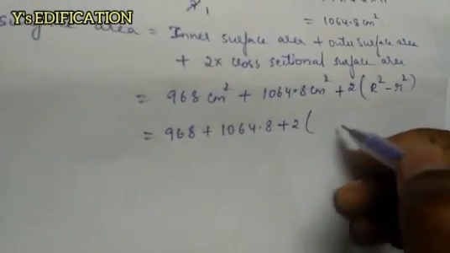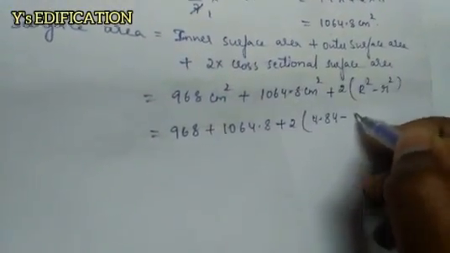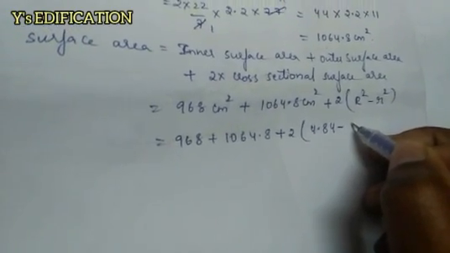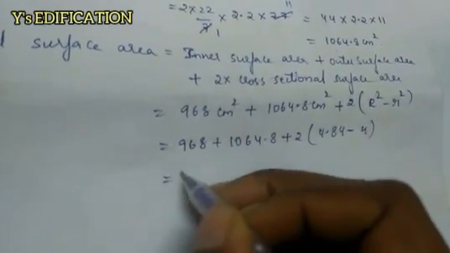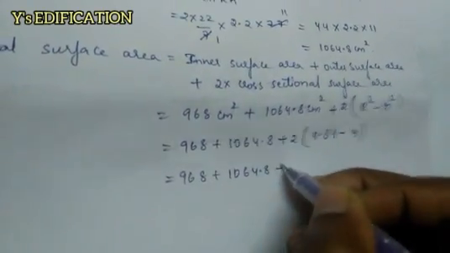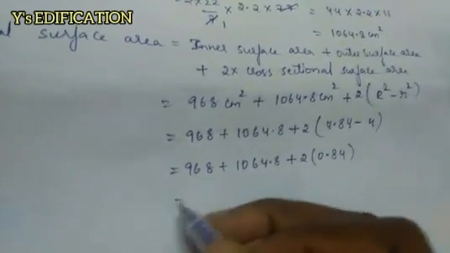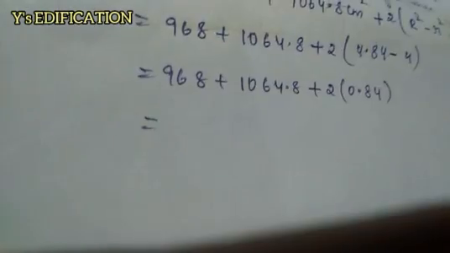So 2.2 square is 4.84 minus small r square is 2, so 2 2's 4. So 968 plus 1064.8 plus 2 into 0.84. Okay, add these two numbers.